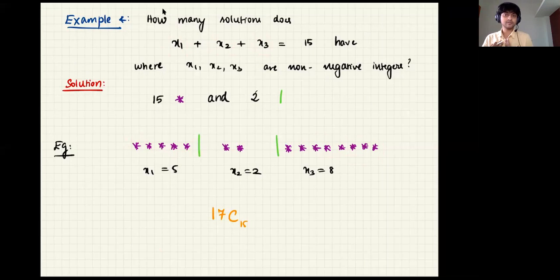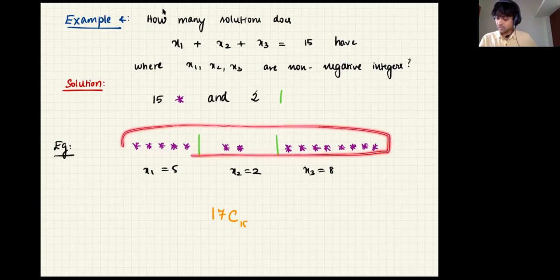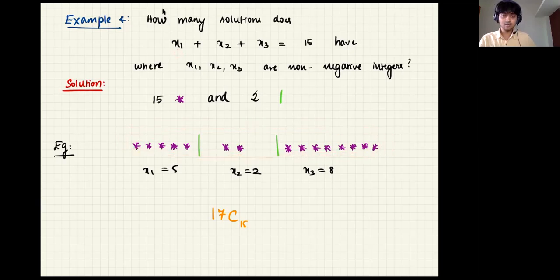That is like saying I have two bars. I can put some number of stars here, some number here, some number here. Each such picture gives a solution, and each solution gives such a picture. So it's the question of finding the number of such strings.